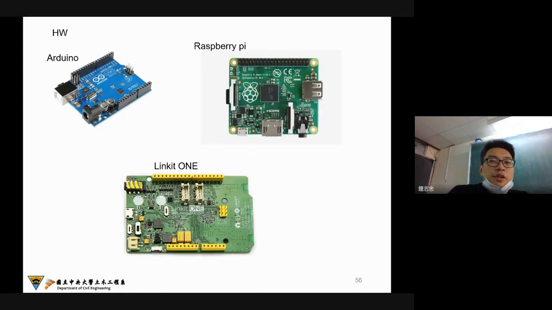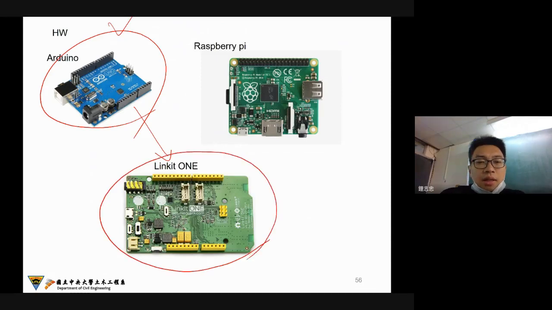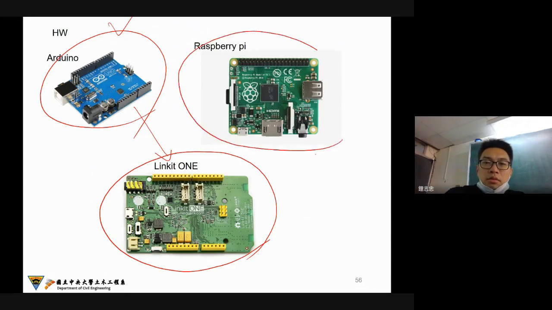Okay, and of course, right now we have already shown you the single board with limited function from Arduino. And this is the same, using Arduino base, and this is the linking one. And right now the Raspberry Pi has 4 generations.